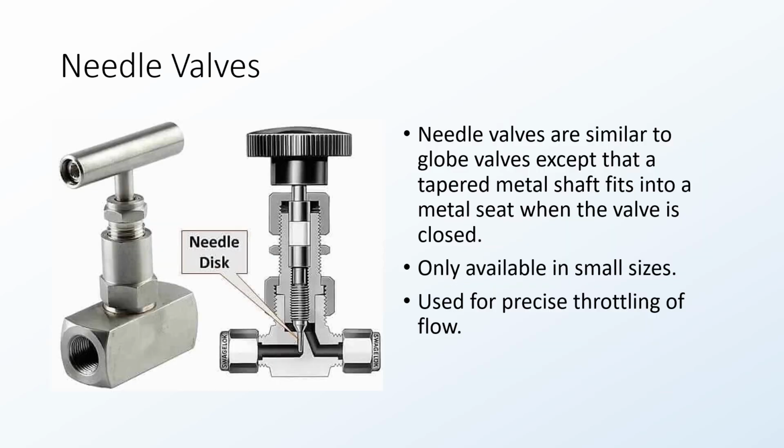Then you have a needle valve. These are, again, similar to a globe valve. The nice thing about these is that you can really dial in precise throttling of flow. You'll find these on, like I said, globe valves because you want to control the speed at which those operate.